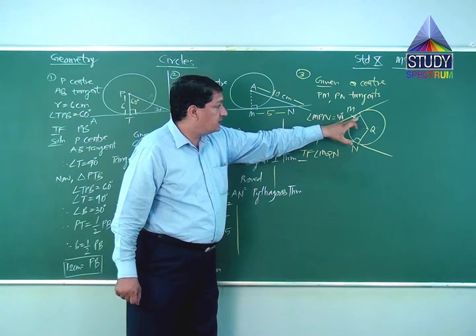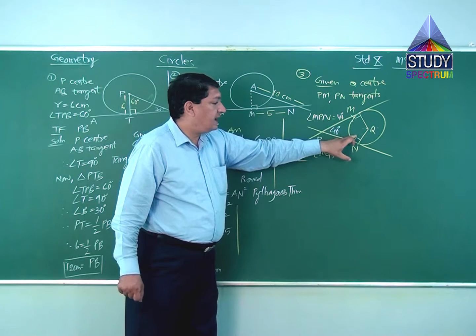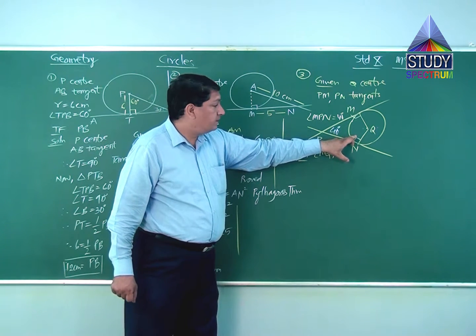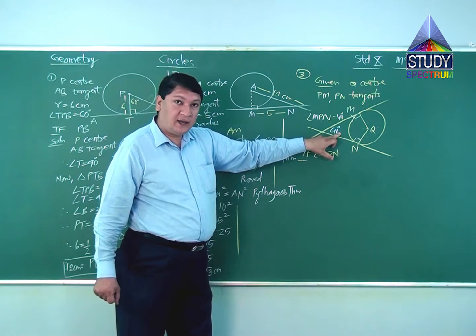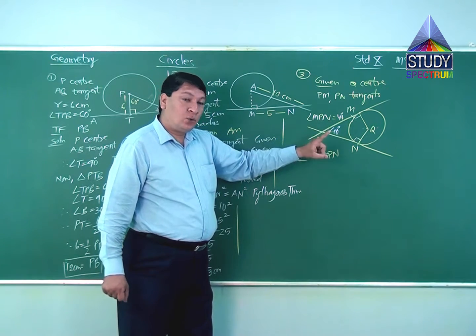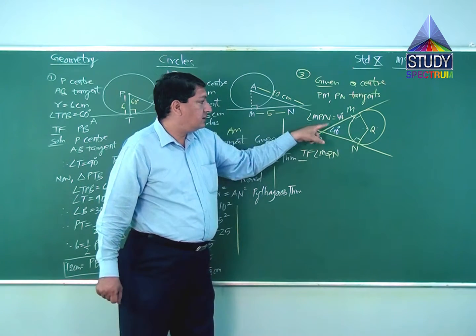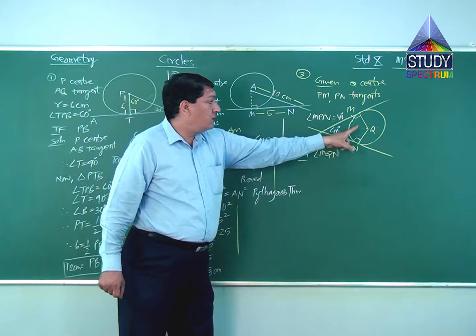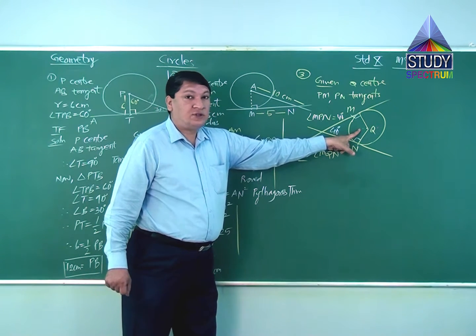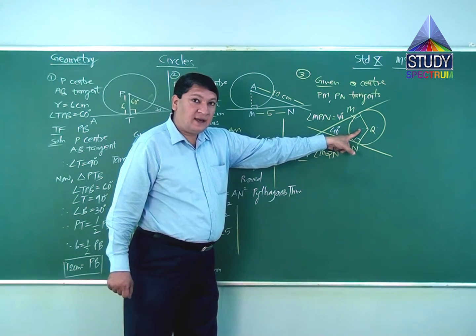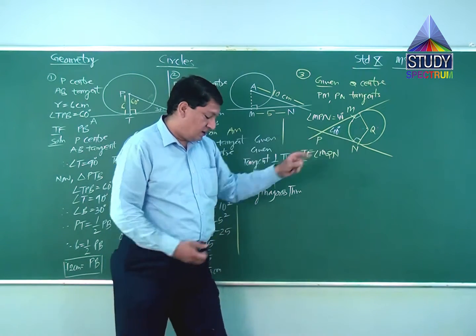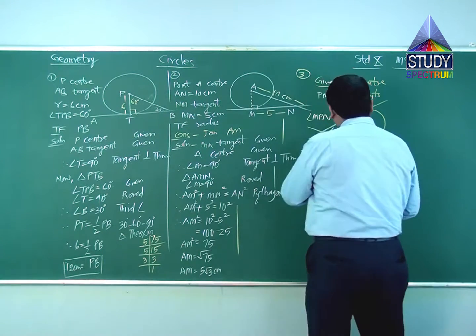Which are these three angles? 90 degree, 90 degree, that sum is 180, plus 40, sum is 220. Now if we subtract 220 from 360, because sum is 360, don't you think we'll get this angle? So 360 minus 220 gives you 140, right? So your answer should be 140 degree.